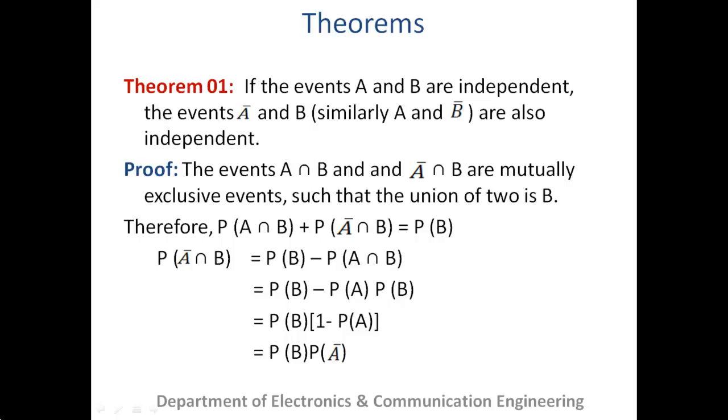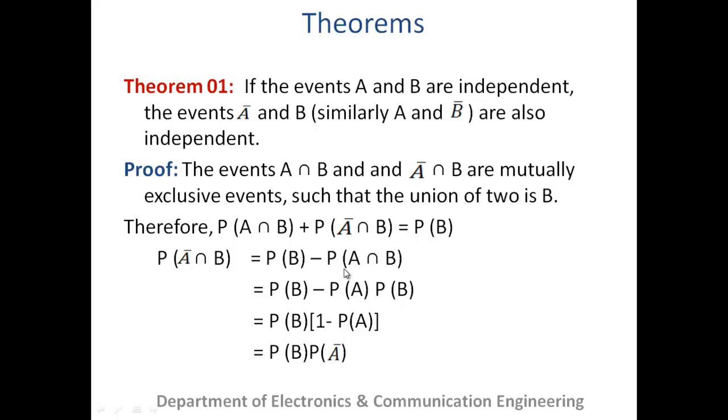So interchanging the terms, we obtain probability of A complement intersection B is equal to probability of B minus probability of A intersection B. Now here we have already defined that the events A and B are independent.